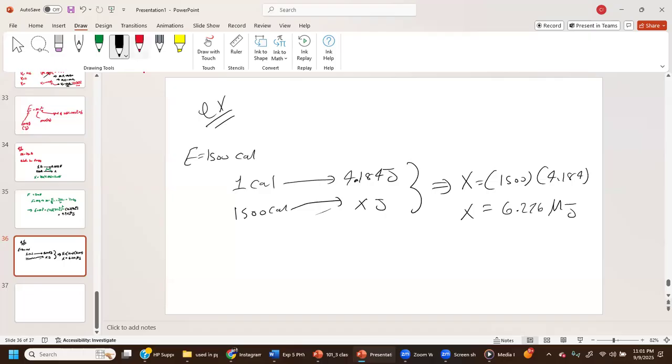Now, they want it in 1 day. So to change it to seconds, you're going to have to multiply: 1 day is 24 hours, and 1 hour is 60 minutes, and 1 minute is 60 seconds.